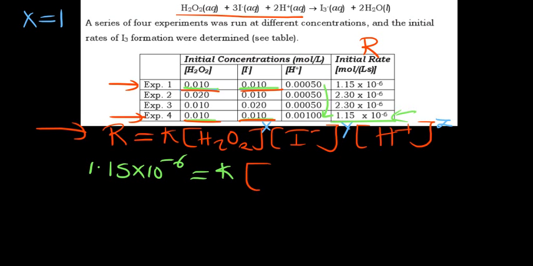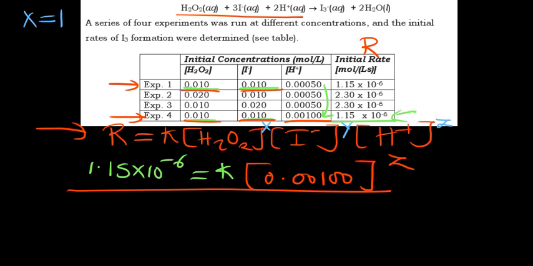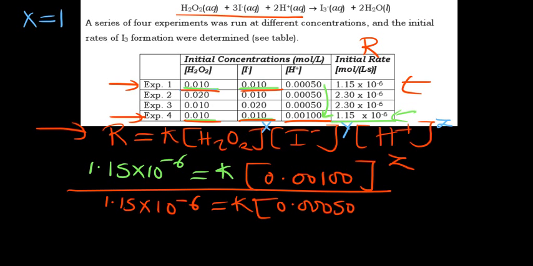So ultimately I remain with the hydrogen, which was 0.00100 raised to the power z, divided by 1.15 times 10 to the power negative 6 for the first one, and then K, and then we add 0.00050 for the hydrogen, to the power z. So we can clearly see on the left it's basically the same, so it gives us a 1. On the other end it will be a 2.